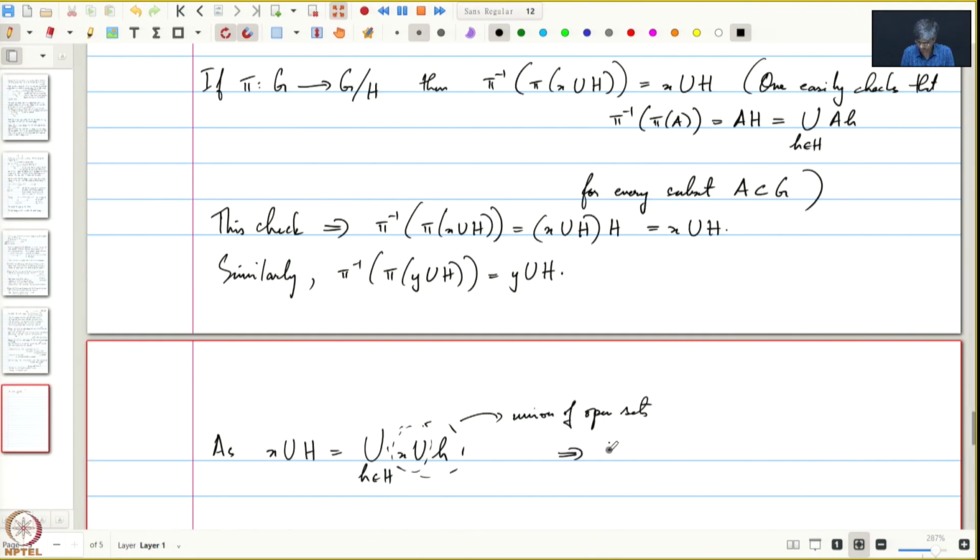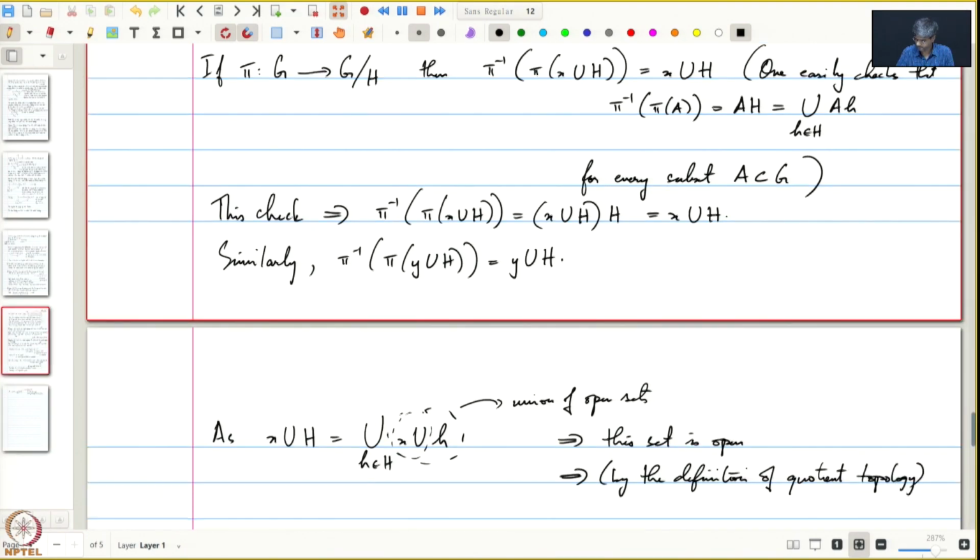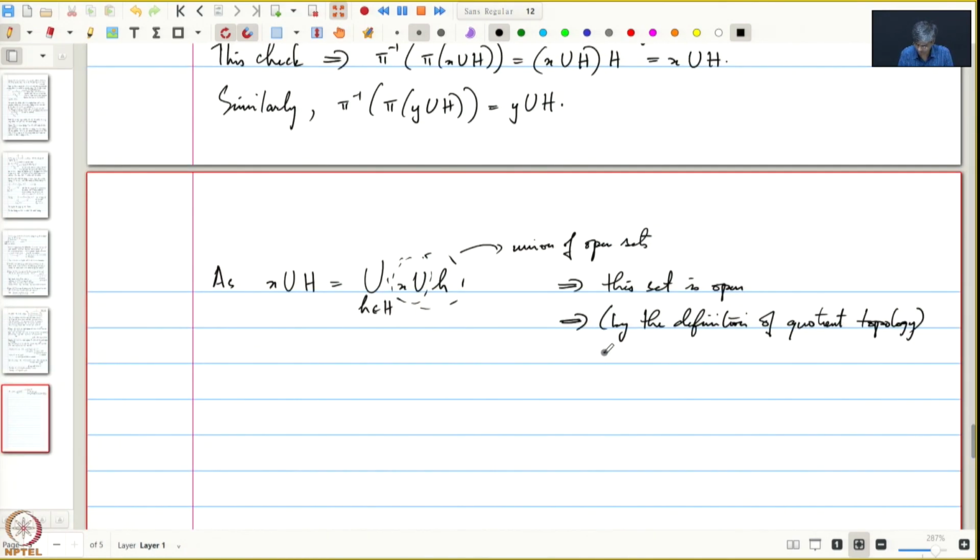So this implies that this set is open, which implies, by the definition of quotient topology, that pi of x U H is an open subset in G mod H which contains xH, this coset.